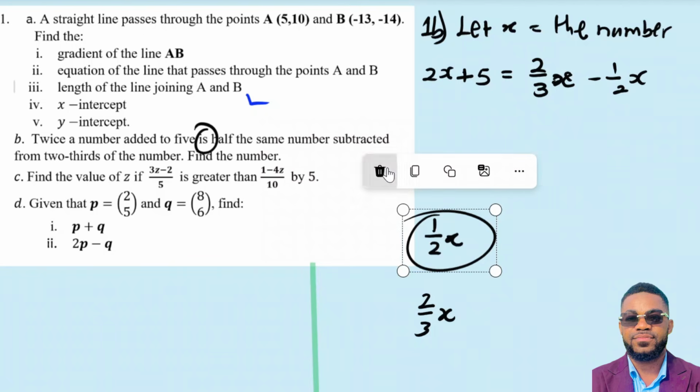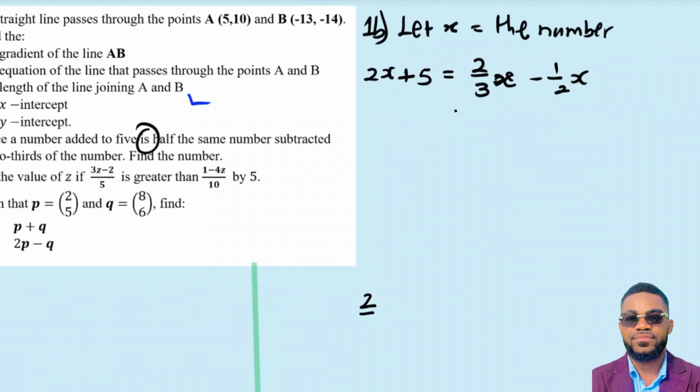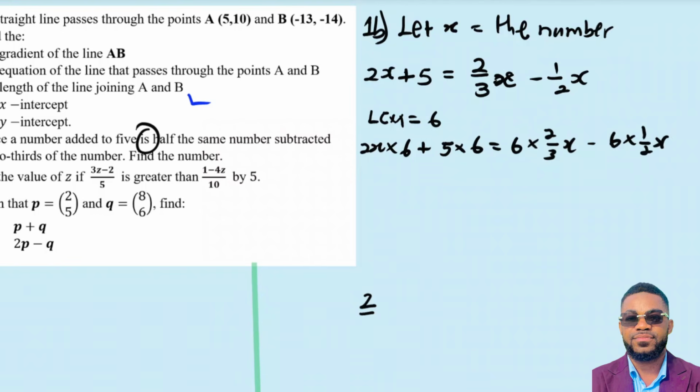So you can use the basic idea you have on equations to simplify or to find the value of x. Here we have to find the LCM, and the LCM is obviously going to be 6. That is the LCM for 3 and 2. So we multiply through by the LCM, and we're going to get 2x times 6 plus 5 times 6 equal to 6 times 2 on 3x minus 6 times 1 on 2x.